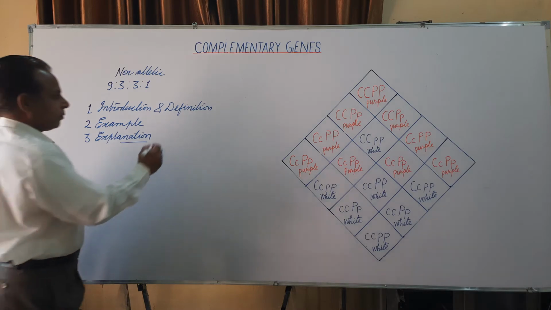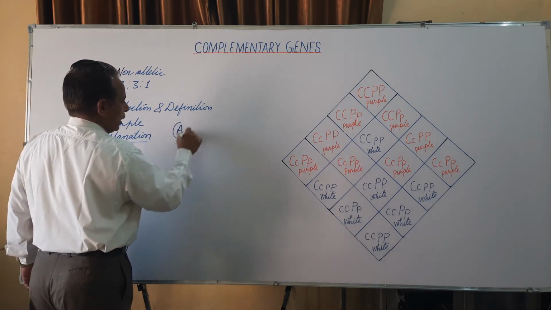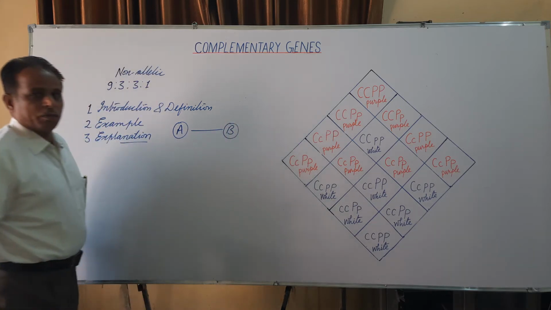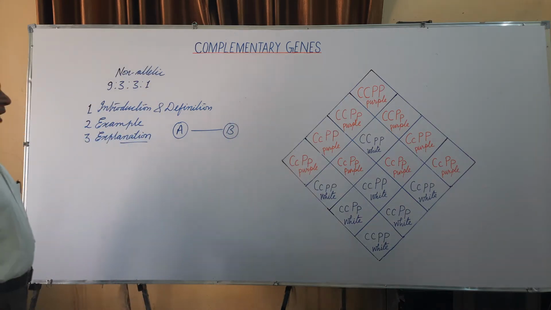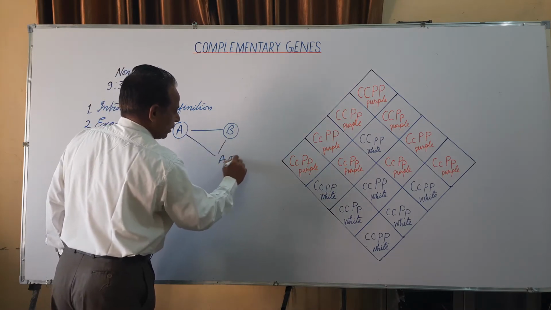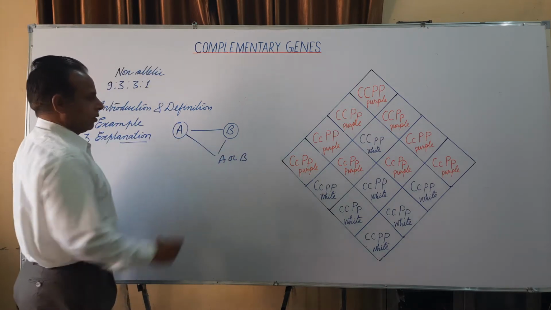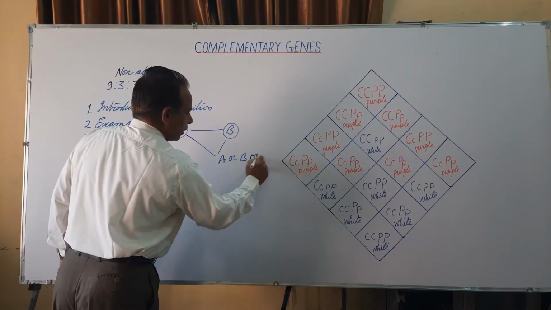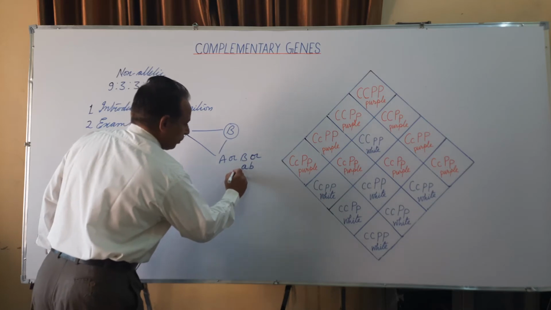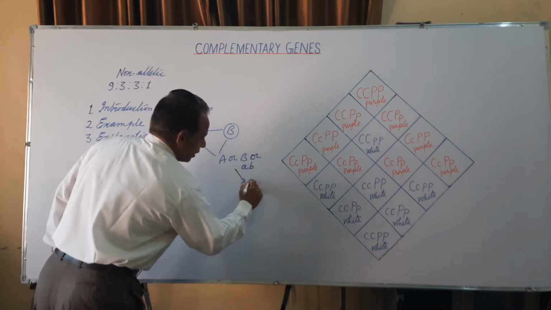Suppose A and B are two non-allelic dominant genes. When one of the two is present or both are present in recessive condition, the phenotypic expression is the same.